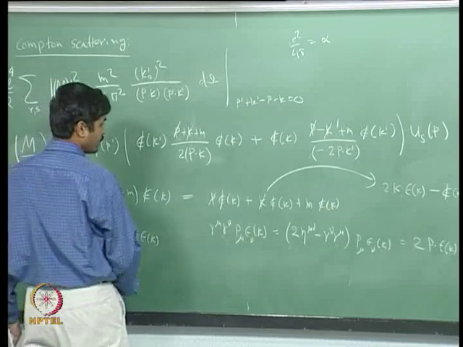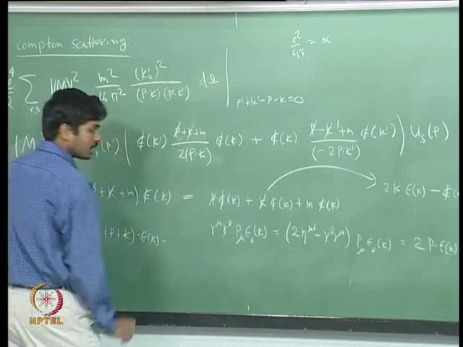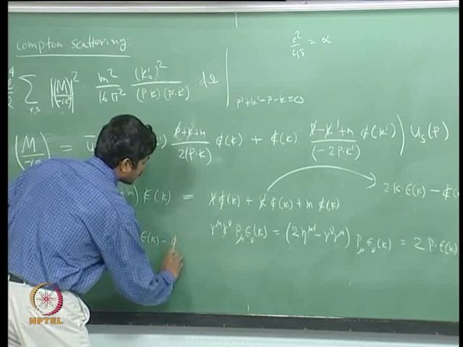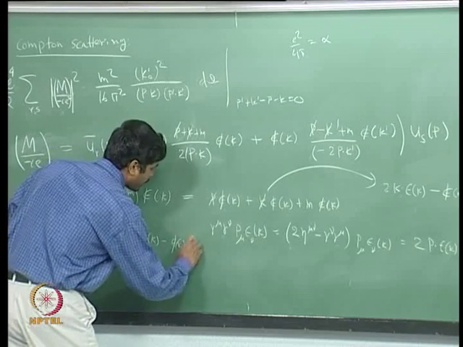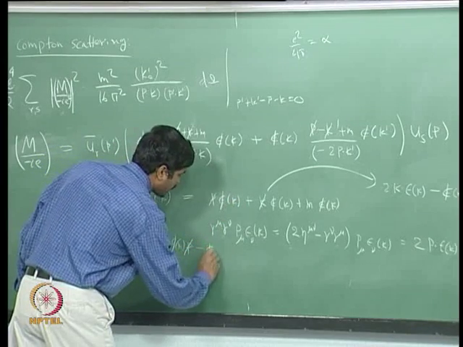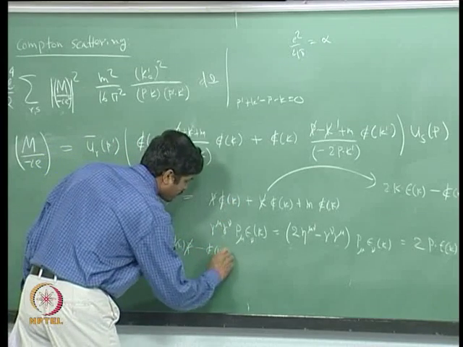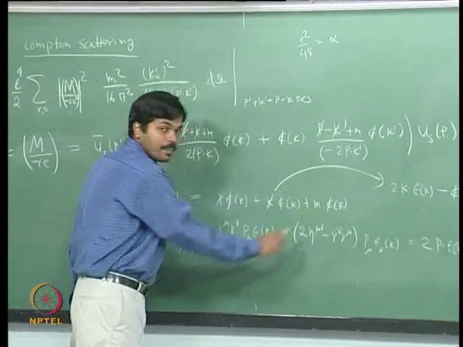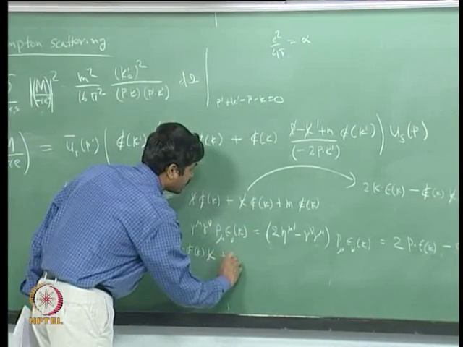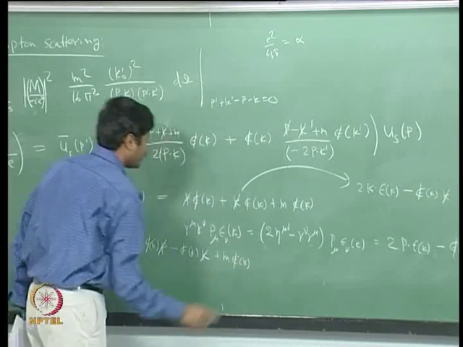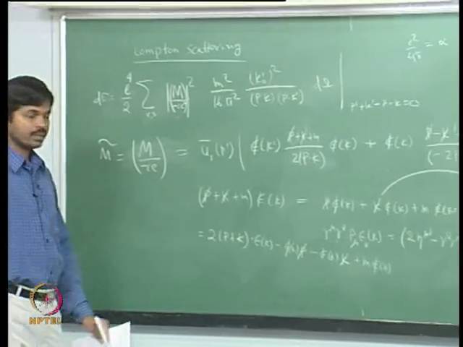Then I have minus epsilon slash p slash minus epsilon slash k slash plus m epsilon slash of k.